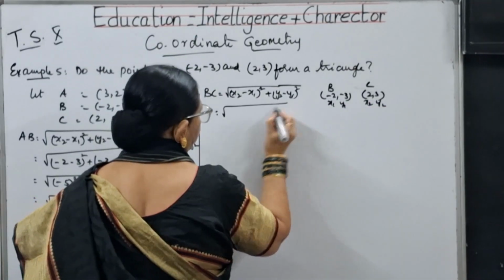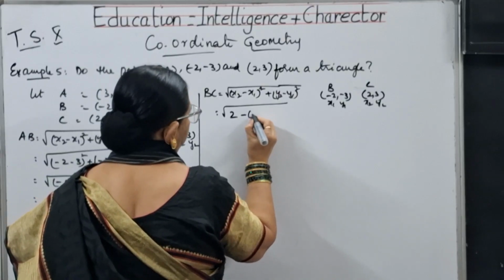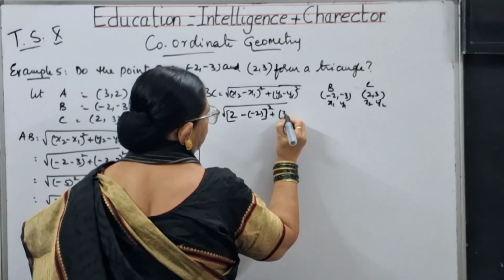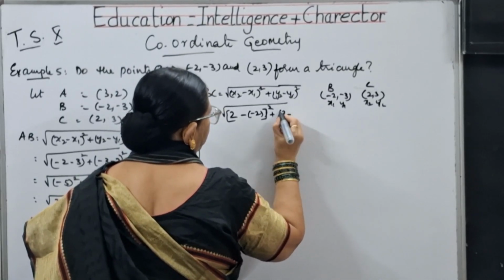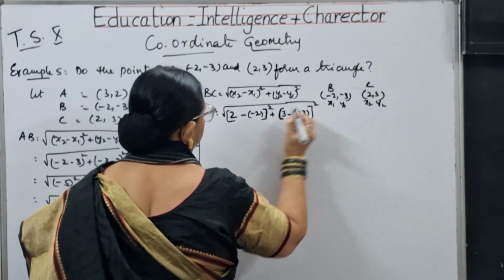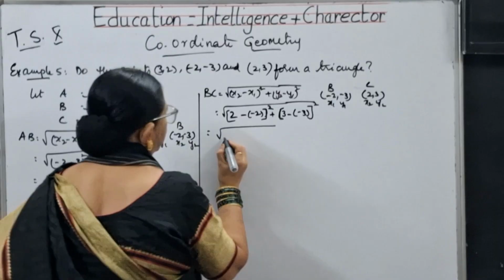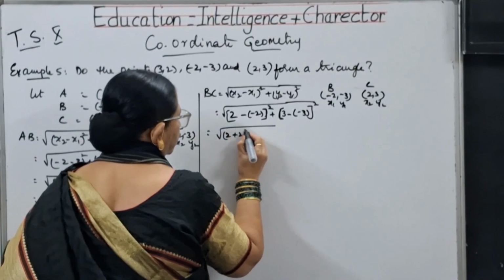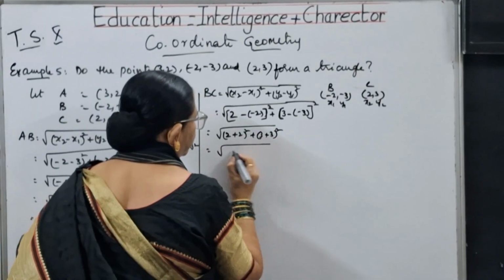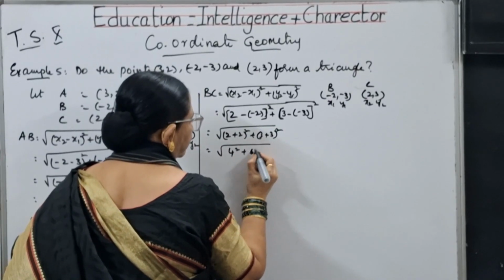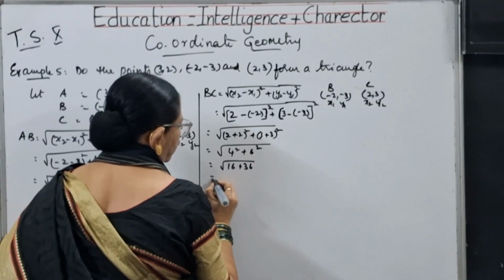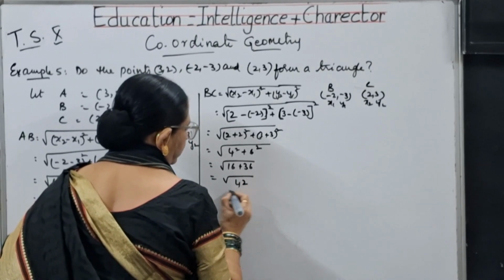So that is root of (2 minus (-2)) whole square plus (3 minus (-3)) whole square. So this is equal to root of (2 plus 2) whole square plus (3 plus 3) whole square. Root of 4 square plus 6 square, root of 16 plus 36, root of 52.